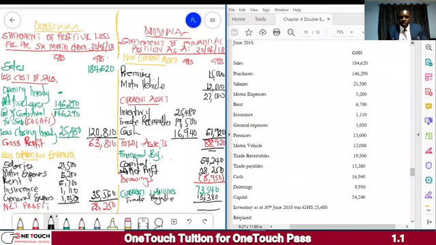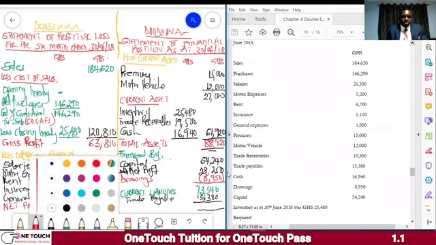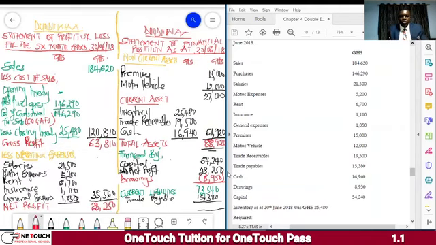Good. So let's add that one and see. 73,540 plus 15,380. That also gives us 88,920. So you can see that our balance sheet has also agreed, because we have 88,920 here and you have 88,920 here.